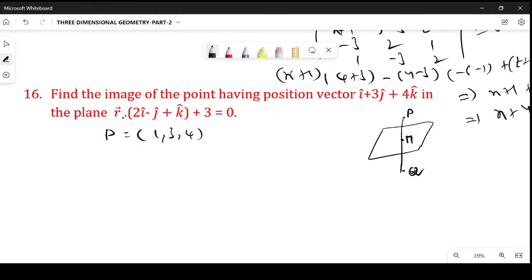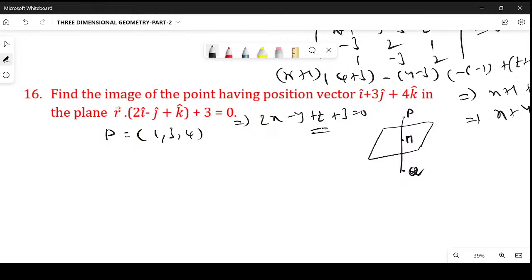I convert this plane equation into Cartesian form by replacing r bar with xi cap + yj cap + zk cap. This gives 2x - y + z + 3 = 0, the plane equation in Cartesian form.